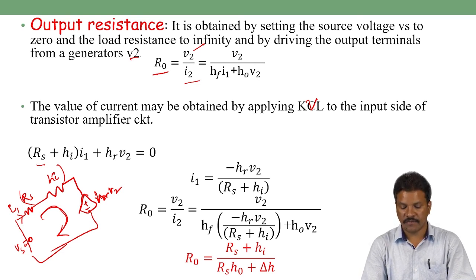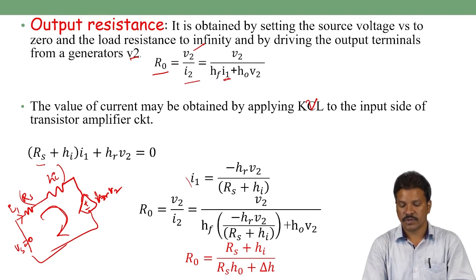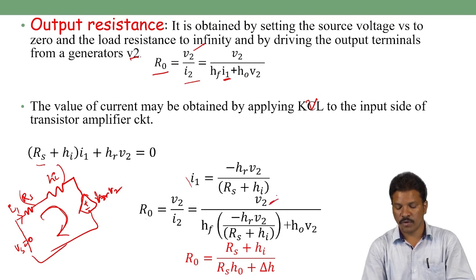What is the main purpose of this output resistance? It is output voltage V2 by output current I2. So we have an input current I1, and this input current is substituted in the I1 place. When we substitute minus hr V2 divided by Rs plus hi in this equation, then the output resistance V2 by I2 is equal to V2 in the numerator, and in the denominator hf into minus hr V2 by Rs plus hi plus ho V2.